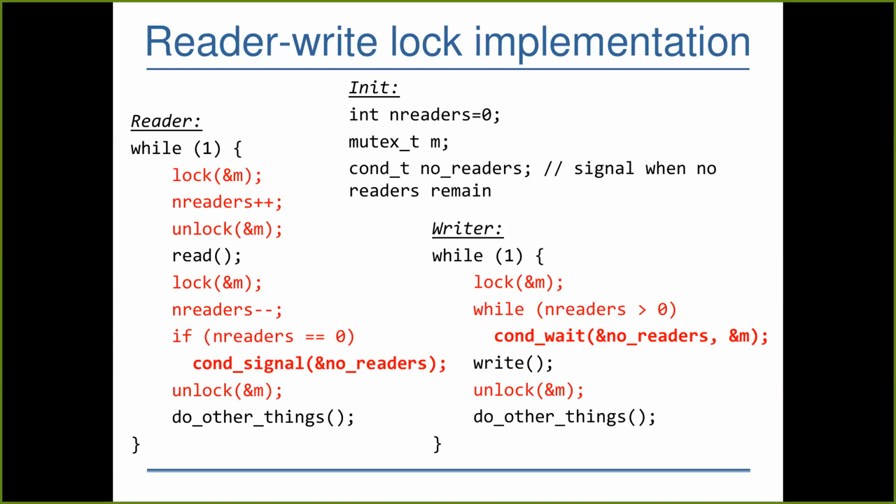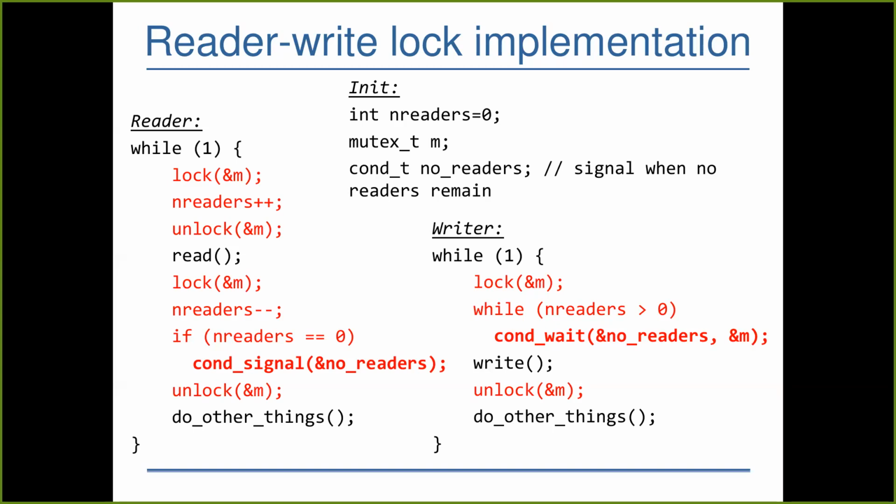So the writer will only release it after the write operation. So now readers are coming, they're trying to grab this lock M, but they're unable to do that, so they cannot increment n readers. Only when the writer is done can they finally grab the lock again and increment n readers from 0 to 1 and 2 and so on.